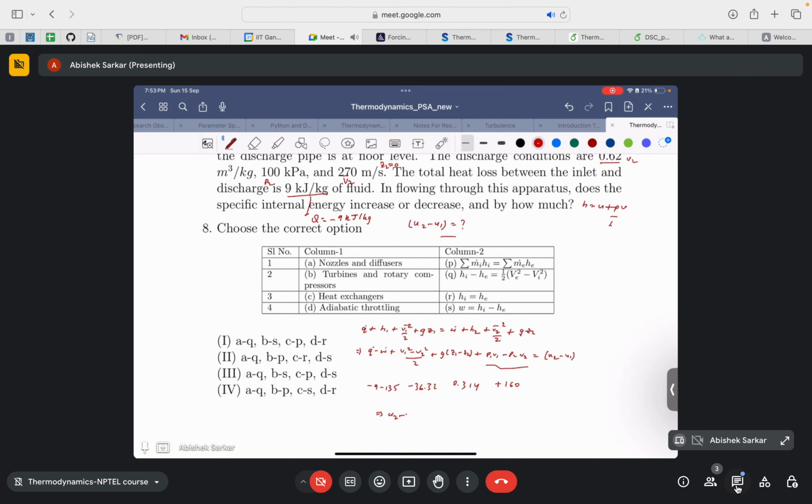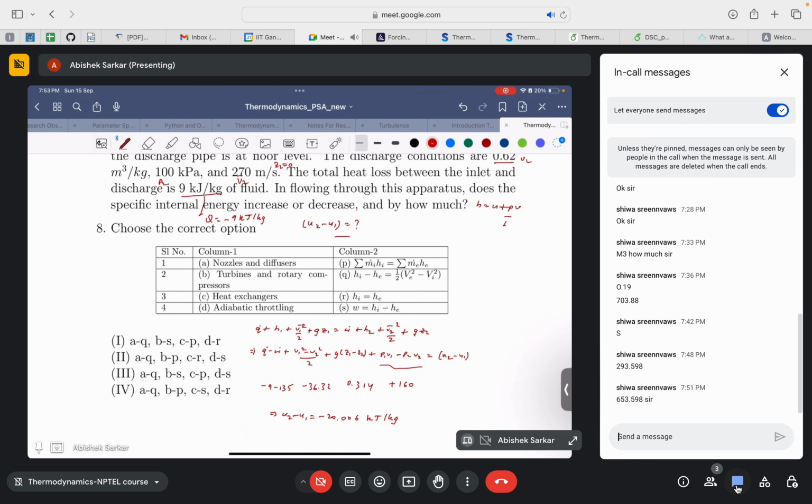U2 minus U1 is minus 20.006 kilojoule per kg. So I get this one, and I guess this is the calculation that I also did. So did you understand it, or was there some error?